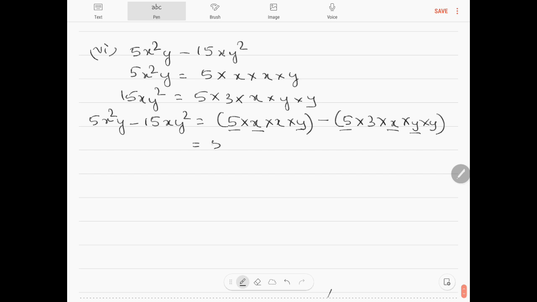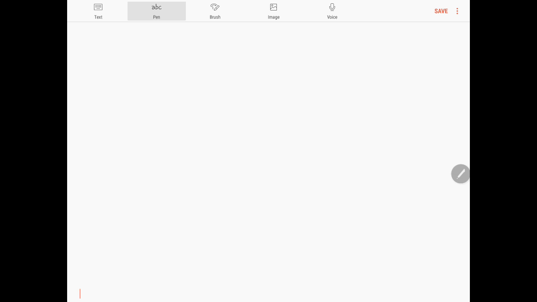So taking 5 into x into y common outside, the leftover terms will be x here minus 3 into y, which is equal to 5xy into x minus 3y.